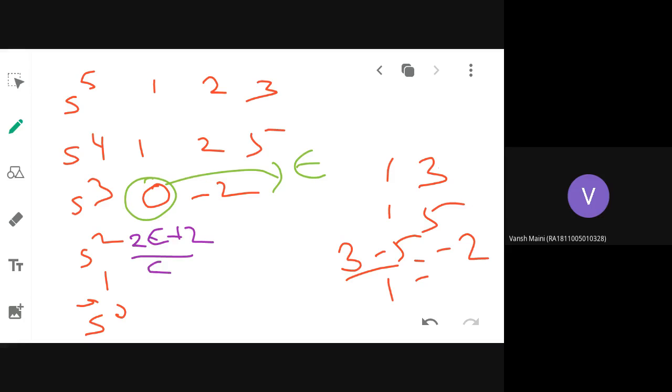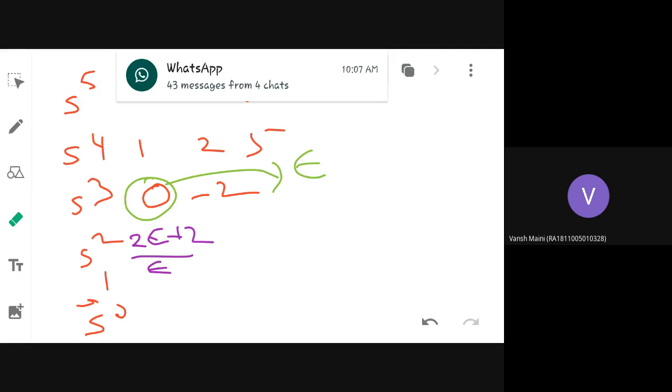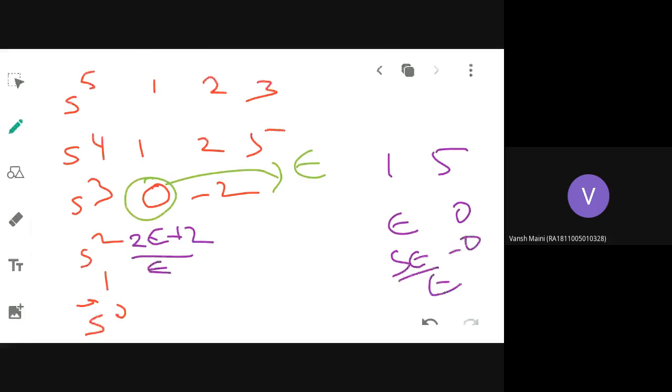Then next element: 5 epsilon minus 0 divided by epsilon. So what will be the answer? 5. Okay, 5.